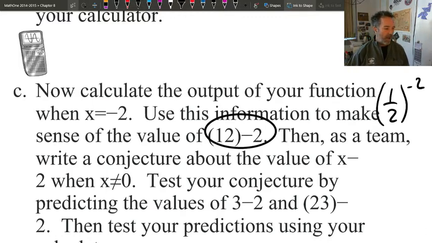So I take open paren, 1 divided by 2, close paren, raised to the -2 power. 1/2 squared would be 1/4, and then it's going to be the reciprocal also. So I get the number 4.